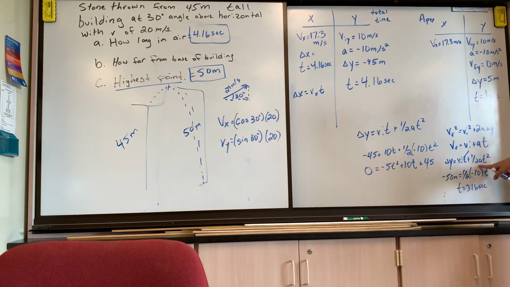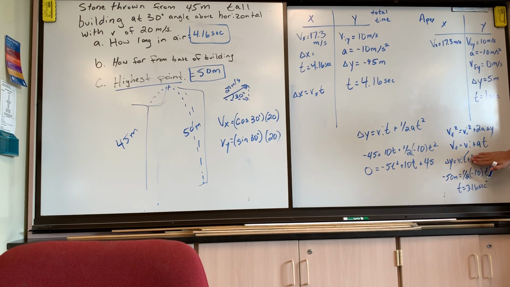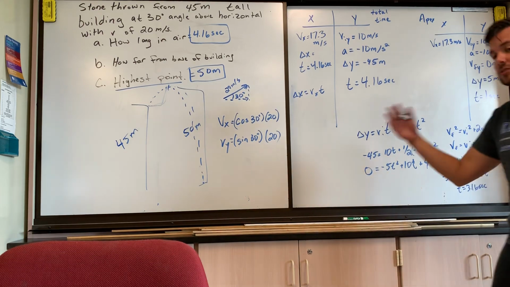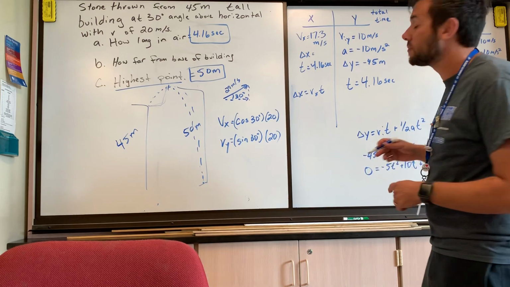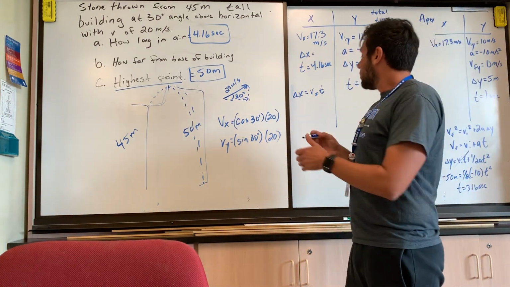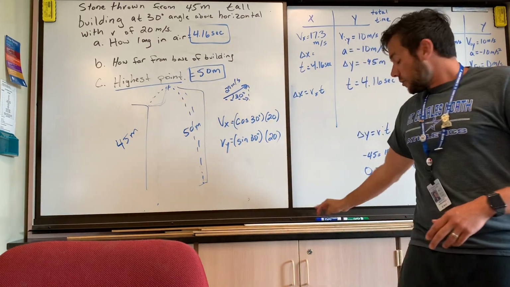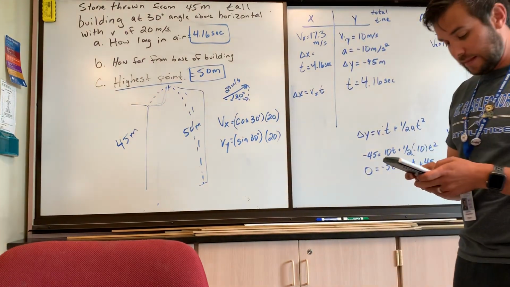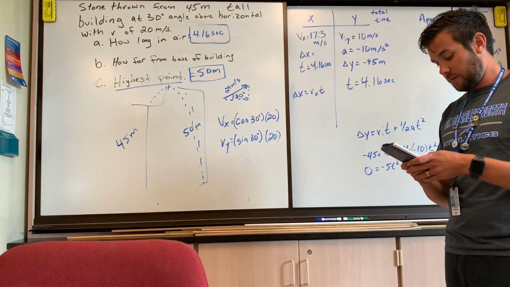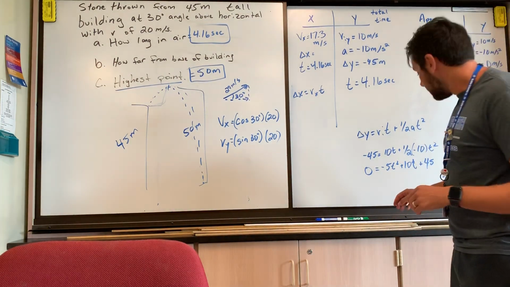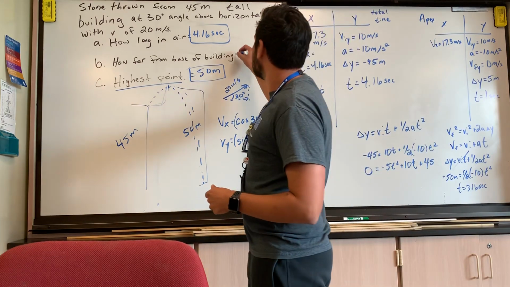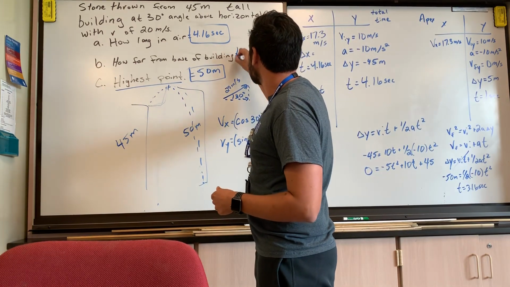That's essentially this equation here, except you have 0 acceleration, so it's just delta x equals Vx times t, because your initial x velocity is your final x velocity, is your average x velocity. It's the same the whole entire time. So when I do that, I get 17.3 times 4.16, and I get 71.96, so we'll just round it up to 72 meters.